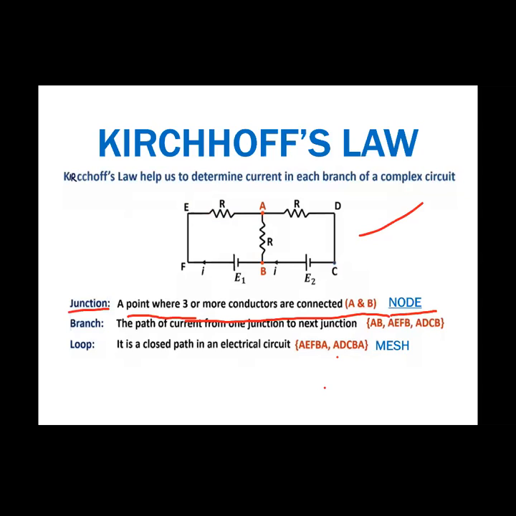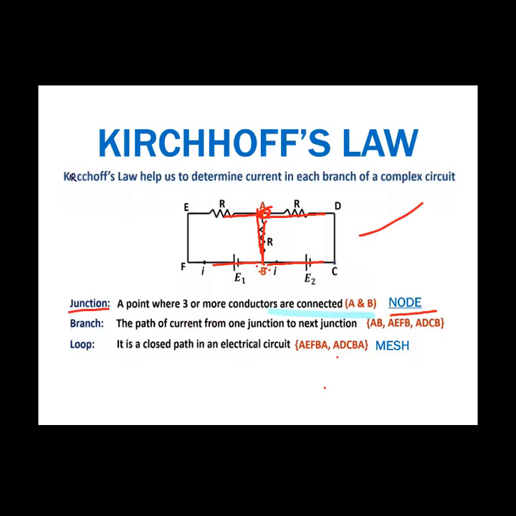But children, at point A and at point B, you can see that three elements are connected. At point B, this is connected, from here this is connected, and this is connected. Similarly, at point A, from here R is connected, from here R is connected, from here R is connected, so three conductors are connected at point A as well as at point B. And at the rest of the places, that is at E, F, C and D, only two conductors are connected.